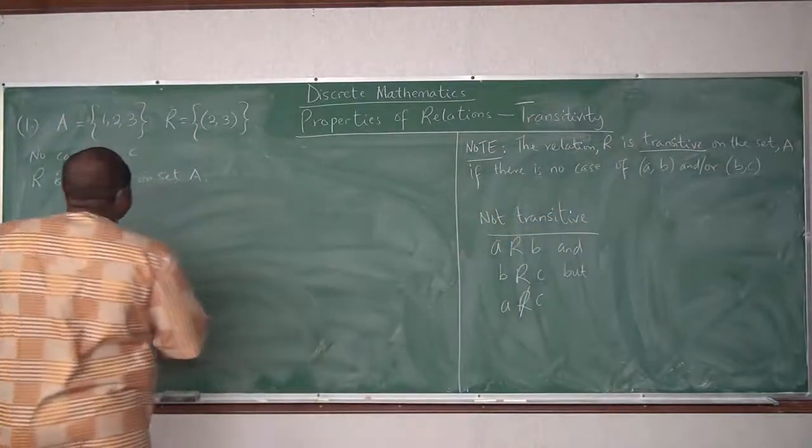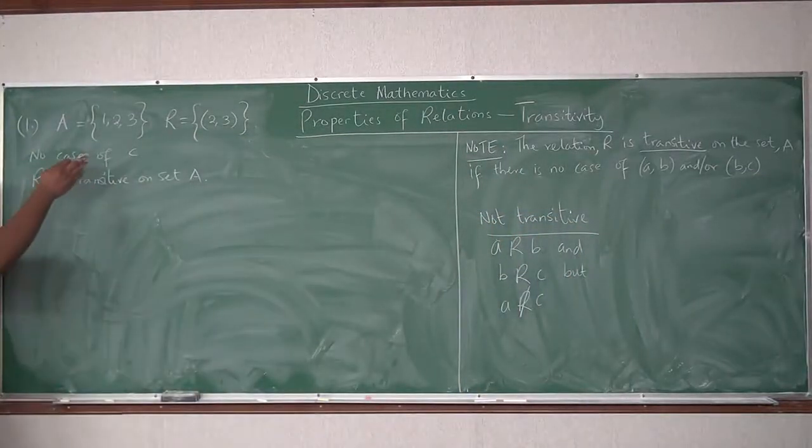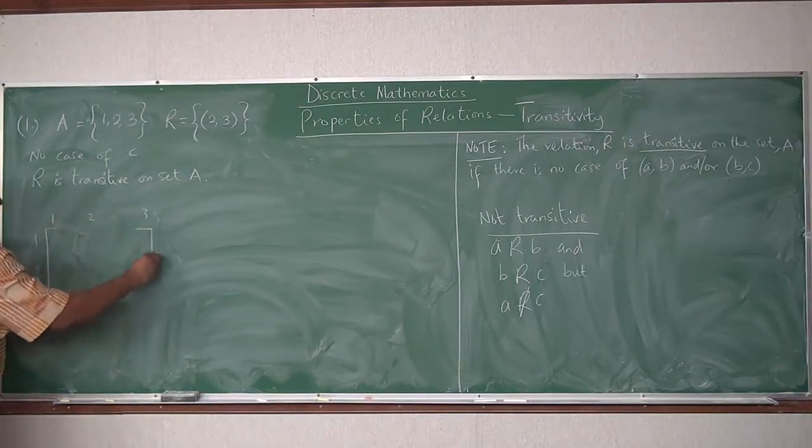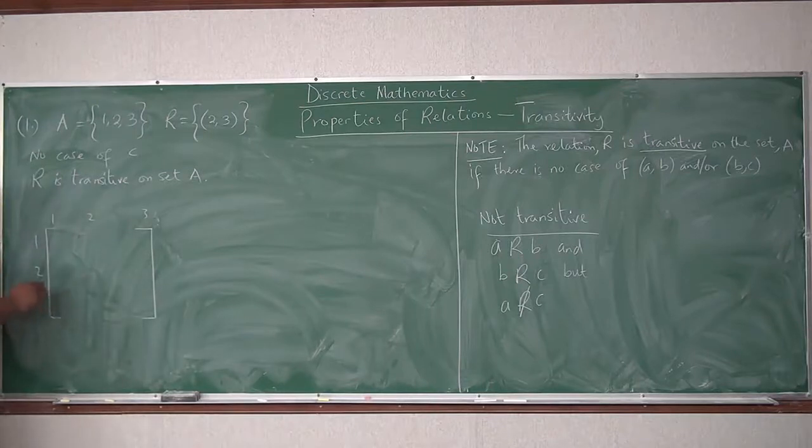So we have A and A. So 1, 2, 3 and 1, 2, 3. And then the relation we have here is only (2, 3).